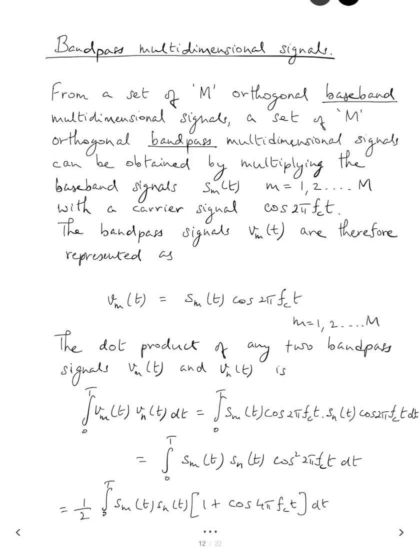So we'll prove those properties, and also see a simple way of producing such multidimensional band pass signals. And in that process, we will see that a simple way of producing multidimensional band pass signals is a technique called frequency shift keying. Okay, so we'll talk about that in the next lecture.